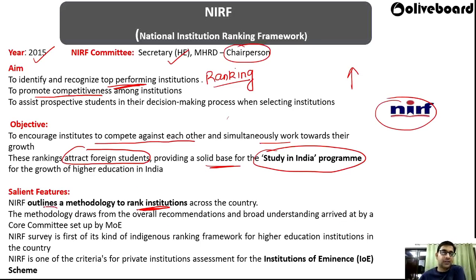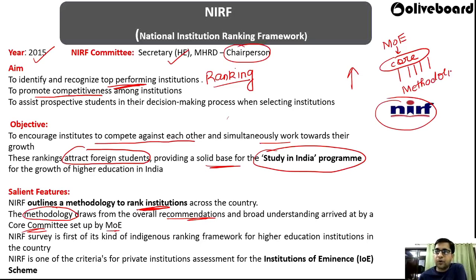Whatever methodologies we use for the ranking system have been decided based on the recommendation of a core committee set up by the Ministry of Education. This core committee will decide the methodology on which basis the ranking will be done for institutions all over the country.